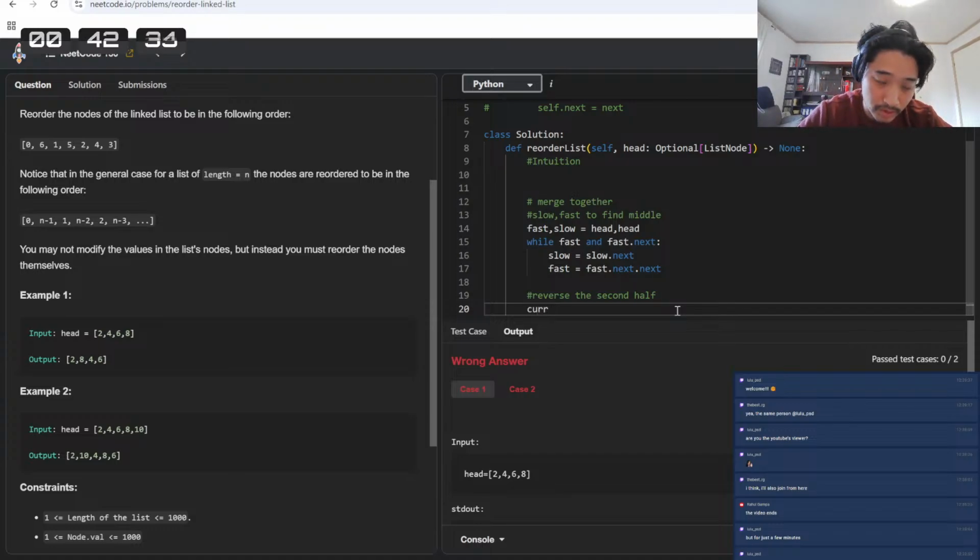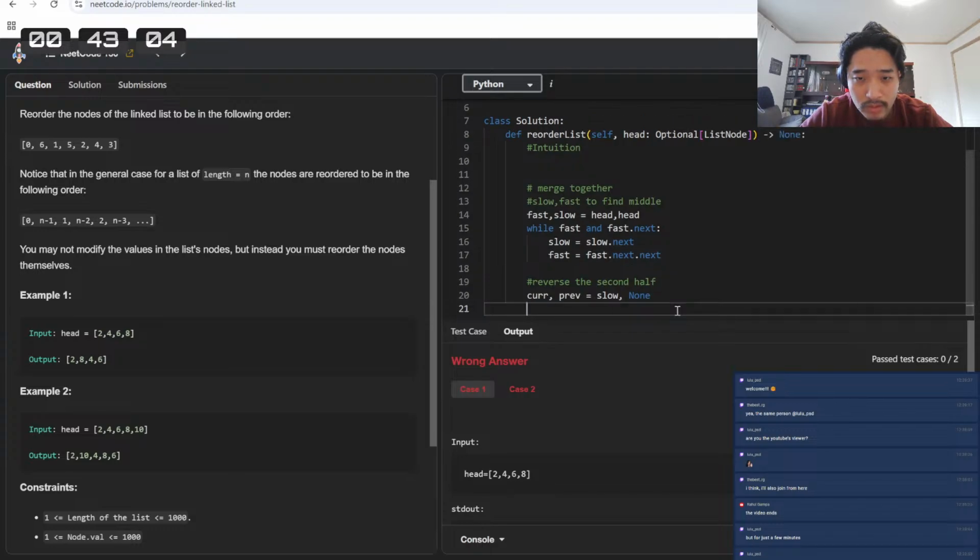Let's use cur and prev. This is always the reverse. I need to practice reversing linked lists more. Current would be equal to slow and prev would be None.